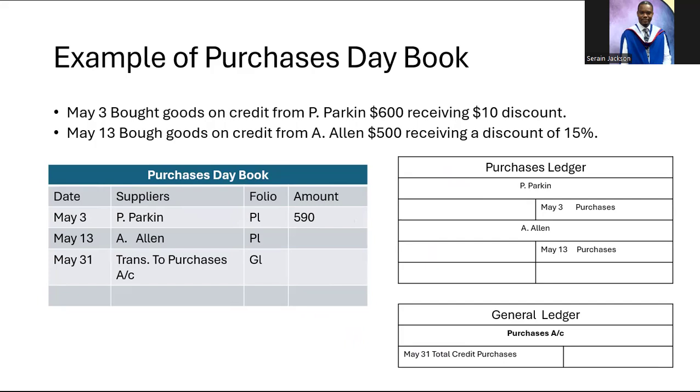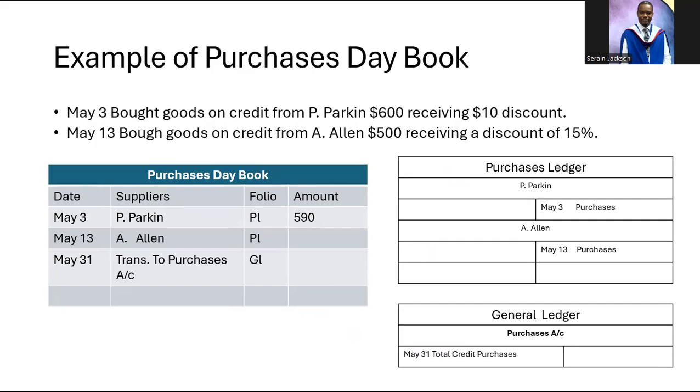So you record the information in the purchases journal, but without the discount. You put in a date, May 3, then the name of the supplier, P Parking. The folio column shows where the other side of the transaction is. Remember that the journal or daybook is linked to the ledger, the purchases ledger. Then the amount, having taken out the $10. The folio section is very important information.